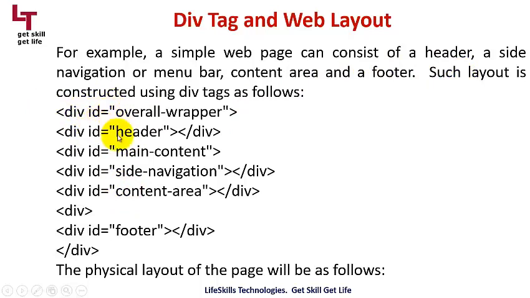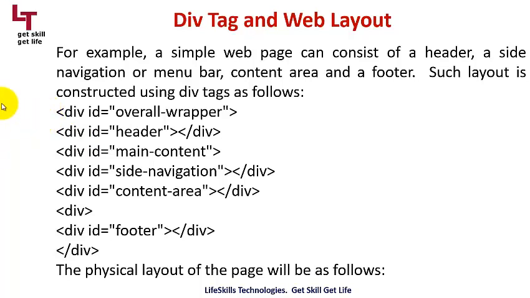I've mentioned the CSS selectors. We have ID selector and we have the class selector. If you have not watched the previous videos, I would recommend that you follow this class and watch them.